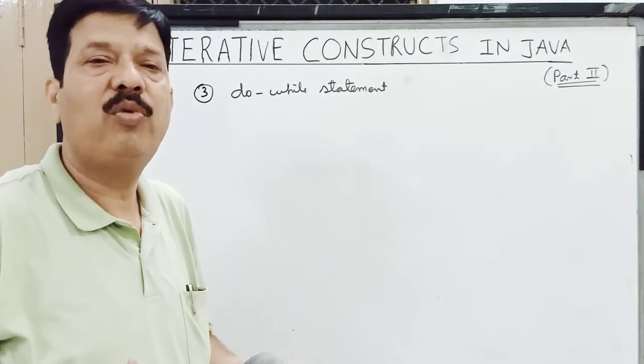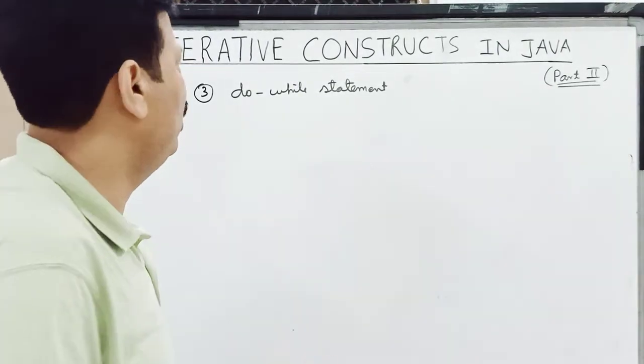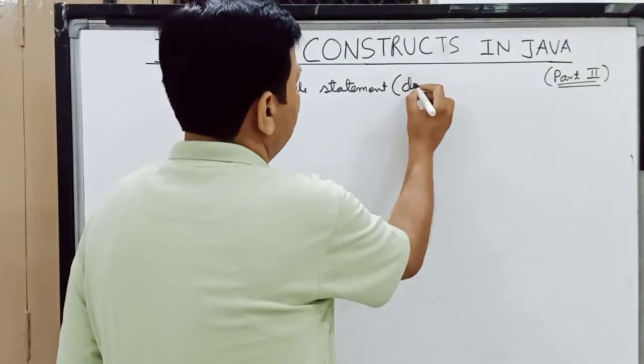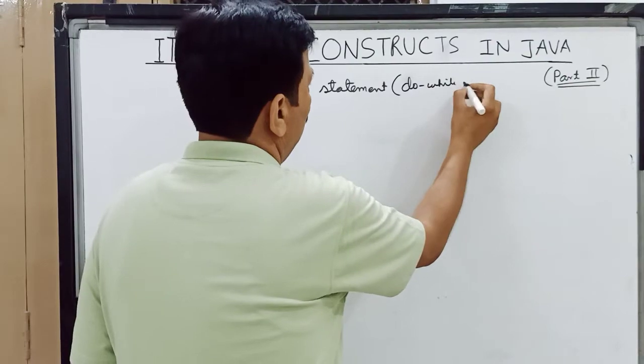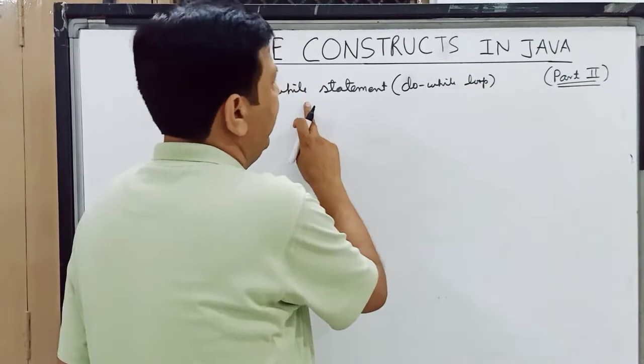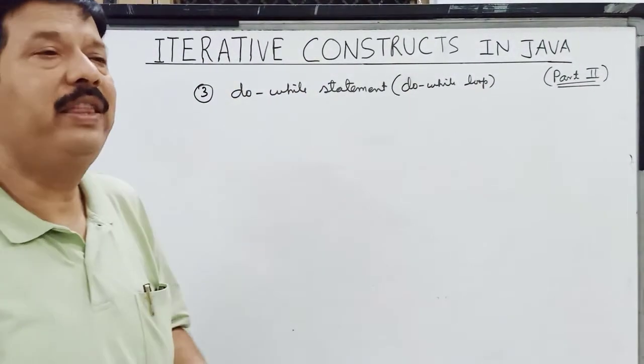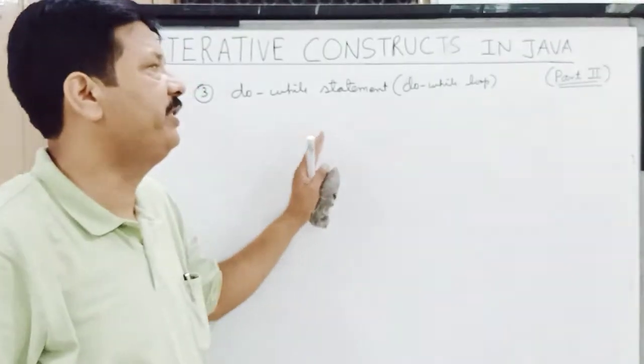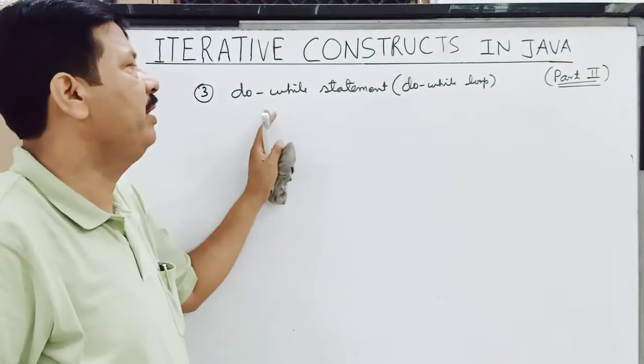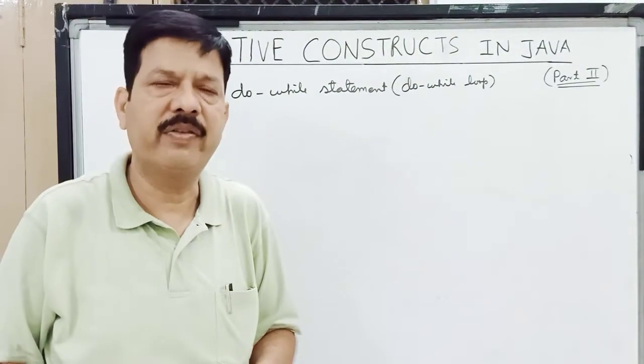For is written in small, while is written in small, and do while statement is going to structure for us do while loop. I am writing statement as well as loop because in the exam sometime question is asked by stating do while loop, and sometime it is asked by writing do while statement.